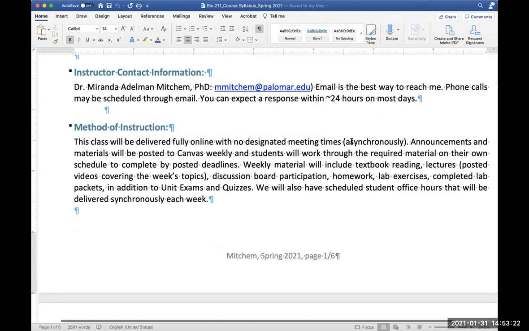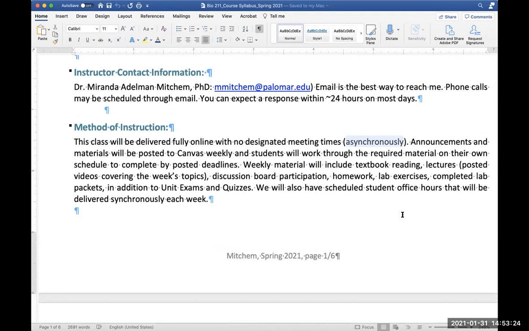So this class is completely asynchronous. That means that we have no arranged class meeting times. The only arranged activity that has a time assigned to it is office hours. But office hours are not required. They are encouraged for a variety of reasons, but they're not required.